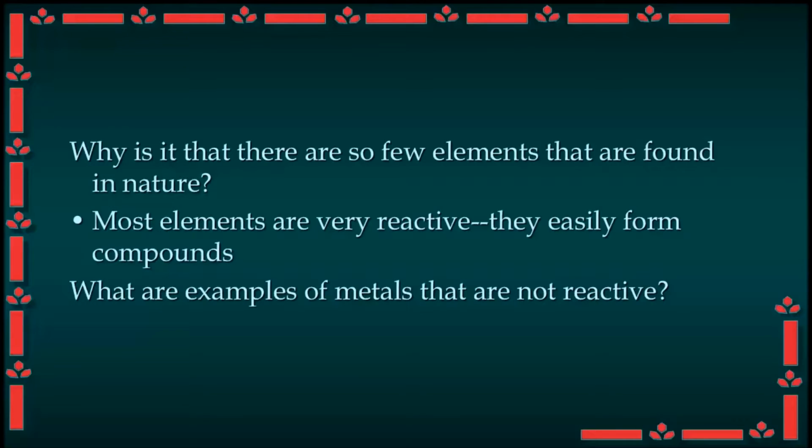There are a few metals that are considered to be so ugly, so disgusting, that no one wants to mate with them. No one wants to react with them. They're disgusting. So we actually find them in nature by themselves, which is extremely rare. They are gold, silver, and platinum.